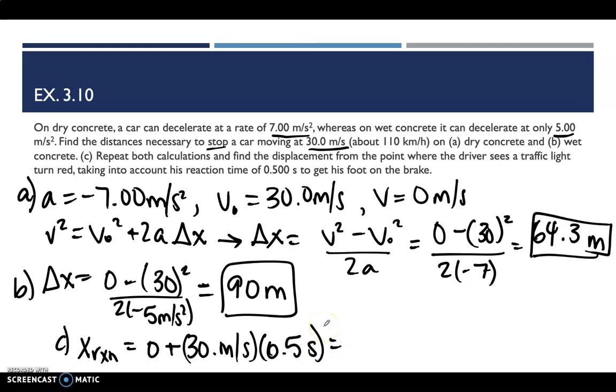So 30 times 0.5 is 15 meters. So it takes 15 meters to react to the traffic light.